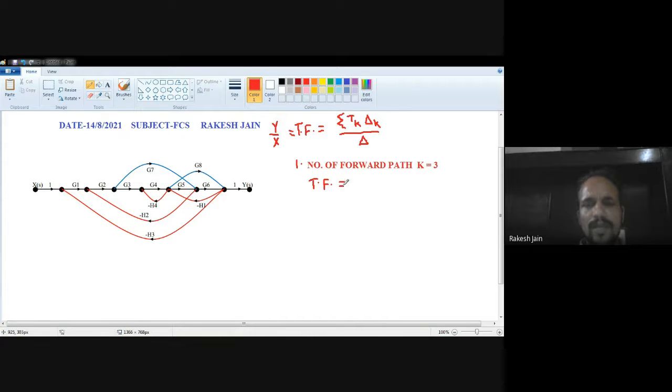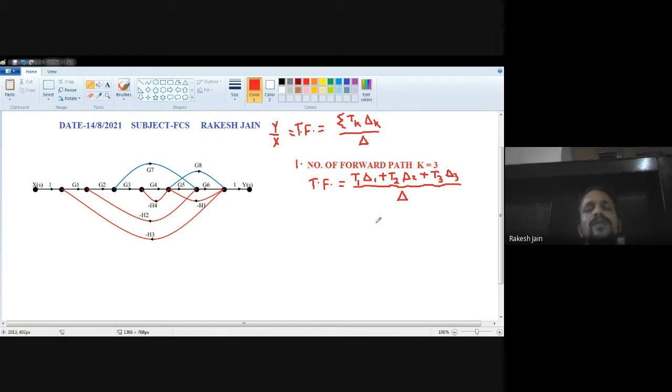Because K is equal to 3, the transfer function is T1 del 1 plus T2 del 2 plus T3 del 3 upon del.